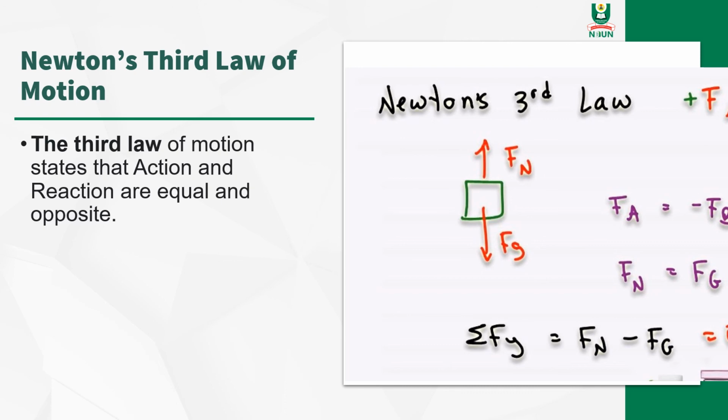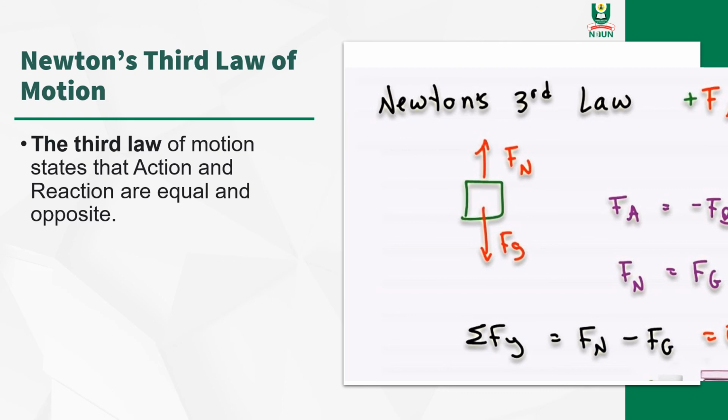Assuming you are sitting on a chair that has a reaction that is greater than your own action, what will happen is that the chair will throw you up. But this law is saying that for there to be a balance, action must be equal to reaction.